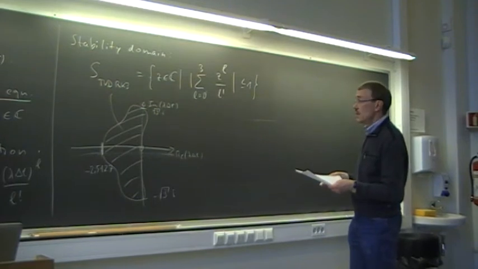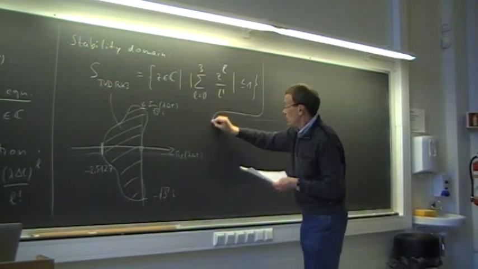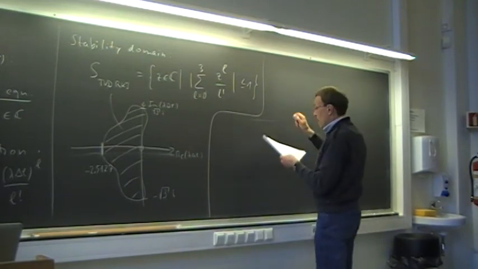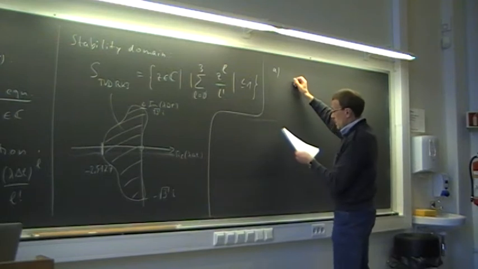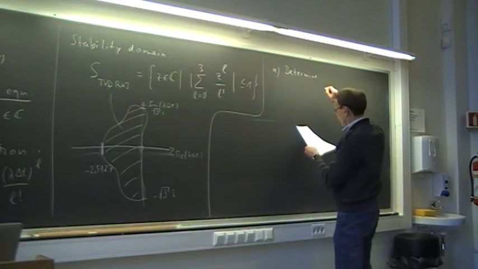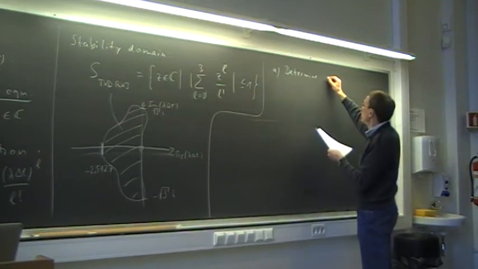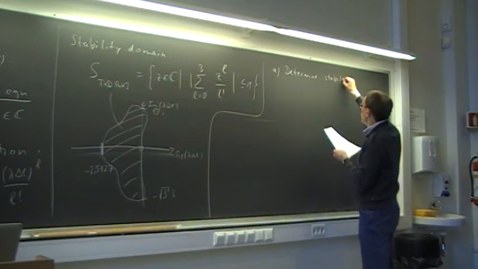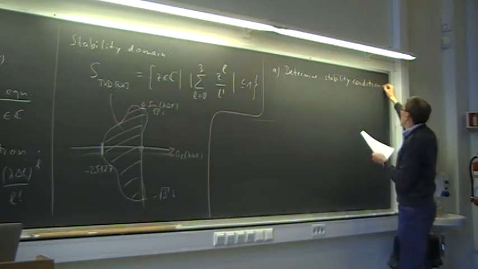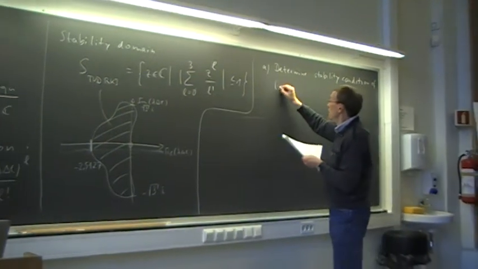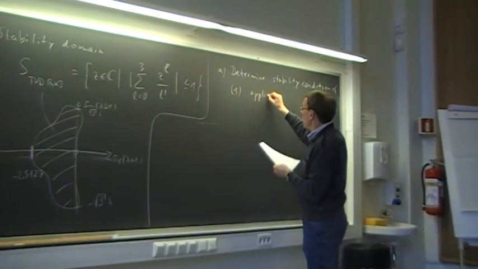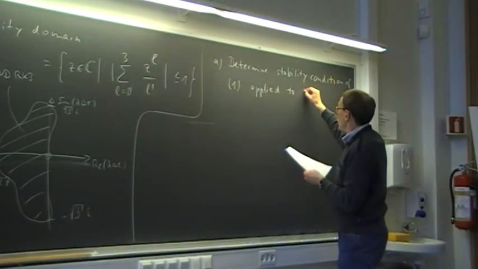The task is instead the following. So now it is just the preliminary things. The first task is to determine the stability condition of the third-order Runge-Kutta method applied to the following ODE.